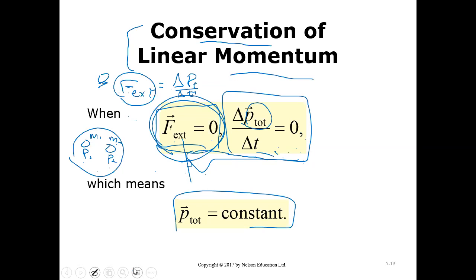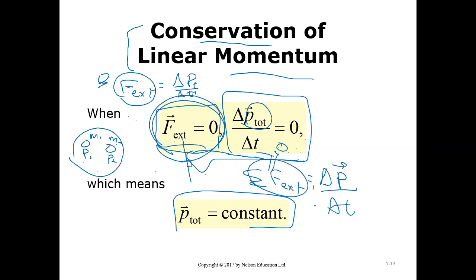Well, how? It is because of Newton's second law. We got this equation, right? If this is zero, what is the meaning of delta P over delta T equal to zero?